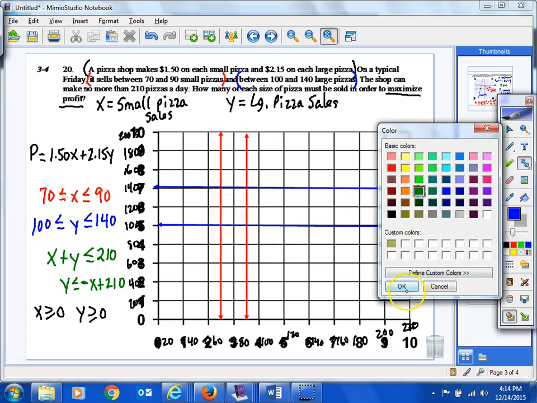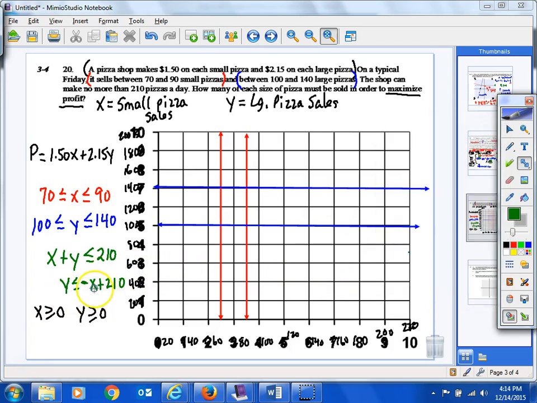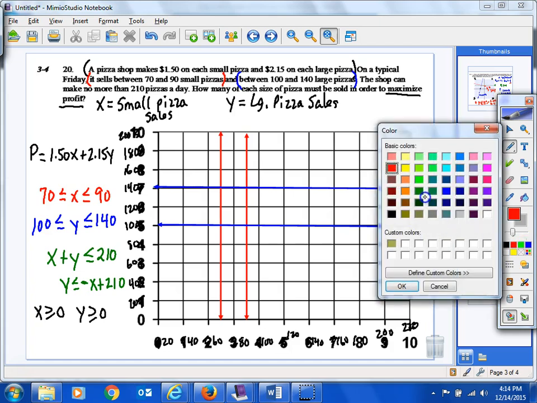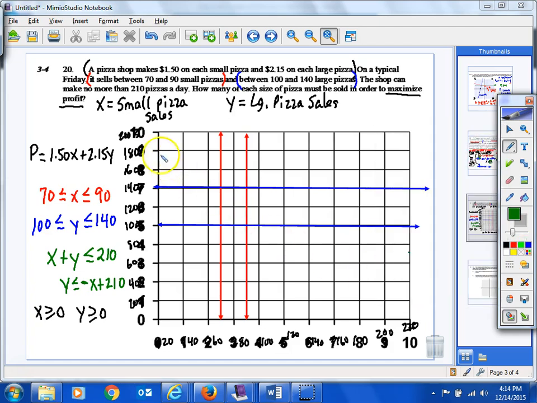All right, let's graph that constraint on the total number of pizzas that we can make in a day. All right, so I'm going to guesstimate 210 to be maybe about right there, about half of a distance. And we'll do our slope of down 10, right 10. Okay, down 10, right 10.